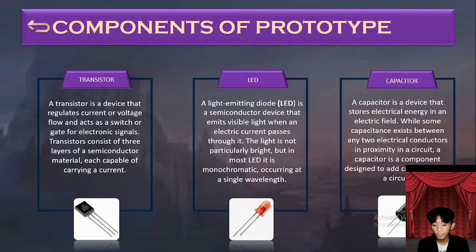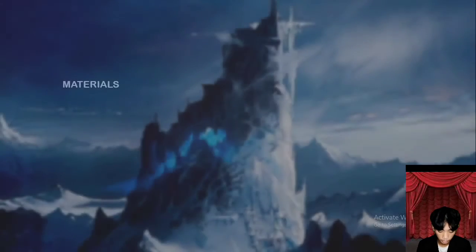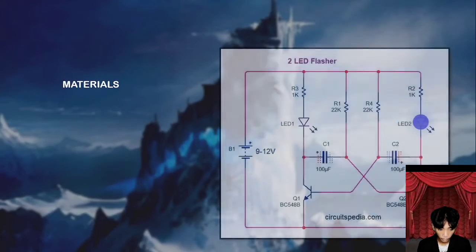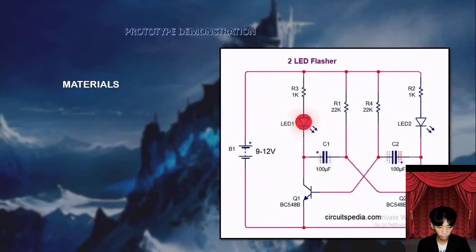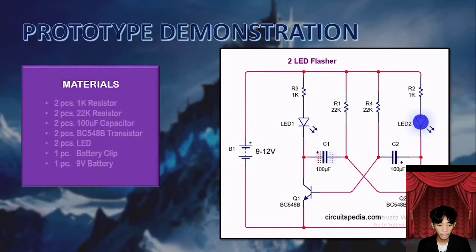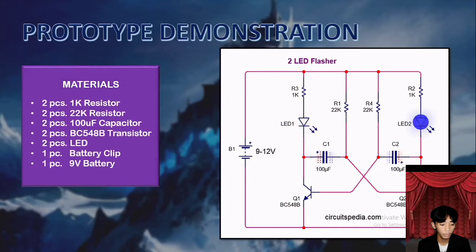If the charge from the capacitor is released or discharged and passes through the LED, then the LED will emit visible light. Next slide is the prototype demonstration.